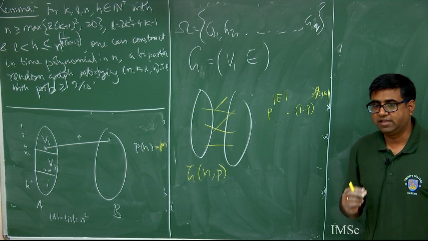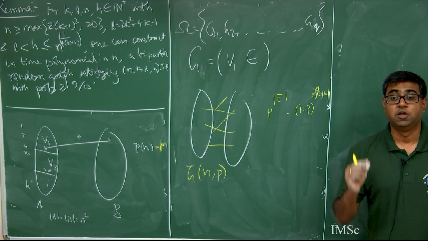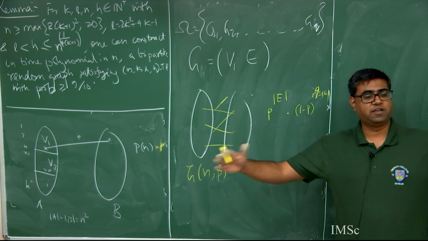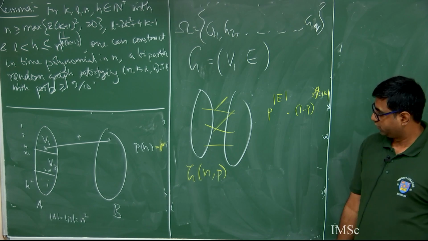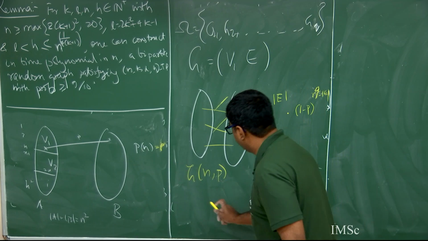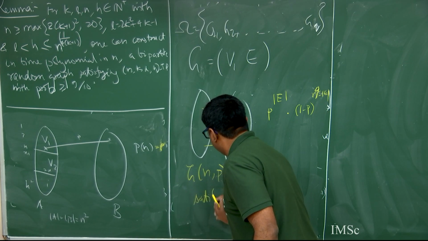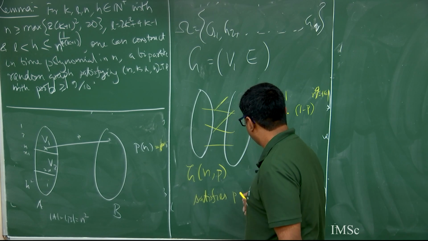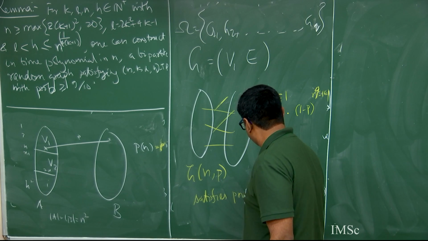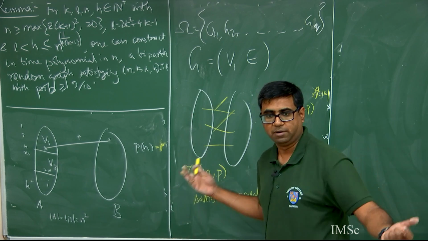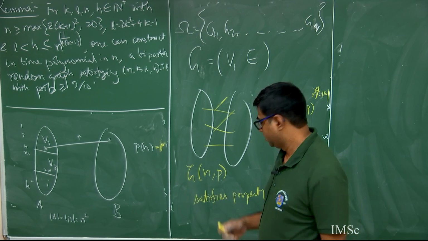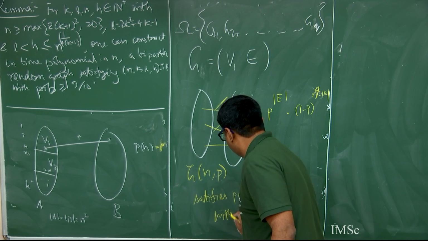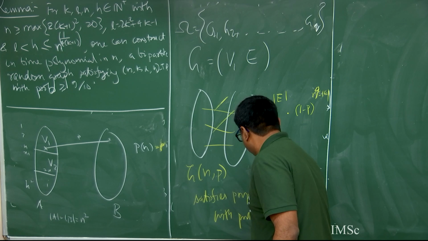But when you say that this graph satisfies this property, what do you mean? What are you looking for? I want to say that G(n, p), the way I have created it, satisfies a property pi with probability something. What is the meaning of this line?